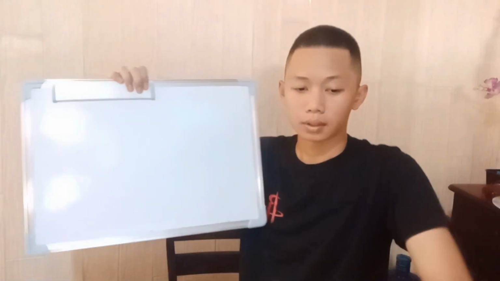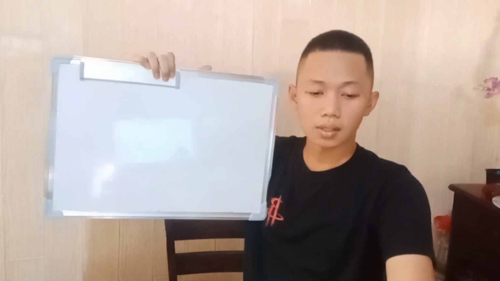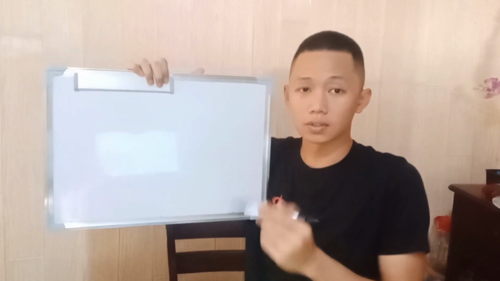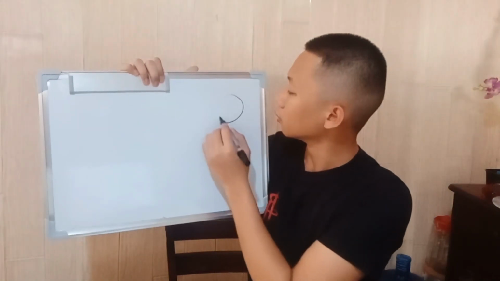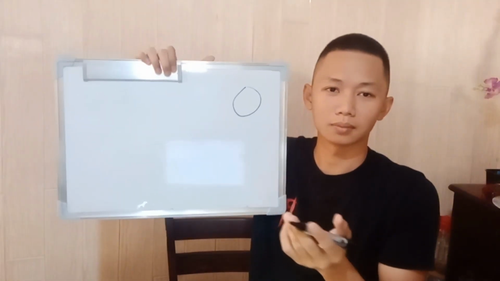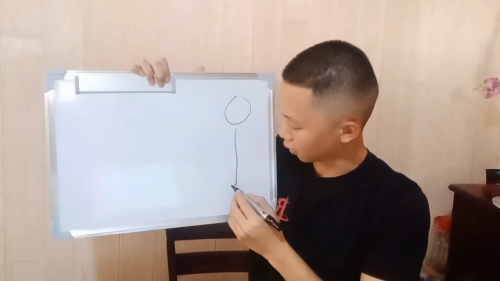Now, in order to solve this, you have to first draw a diagram in order for you to understand it more effectively. The way that I understand it, it says here that the plane is flying at an elevation of 6 miles. So I'm just going to draw a circle, I don't really have to draw a literal plane.